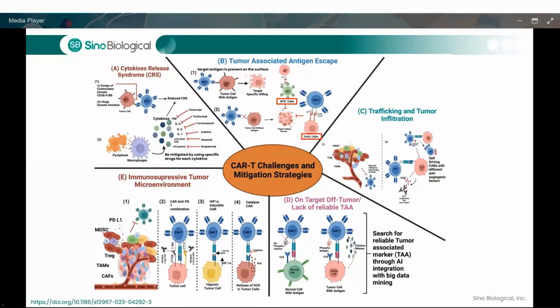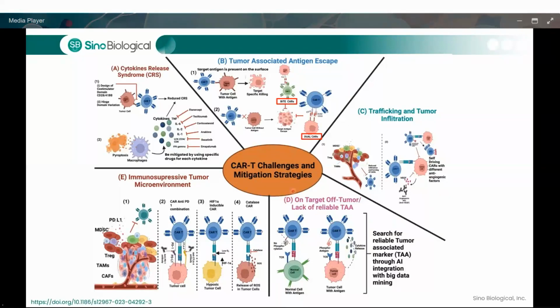Reduced homing of CAR T cells to the tumor microenvironment, due to the presence of different cellular components including MDSC or Treg cells, can be observed in the clinic. To improve homing of the CAR T cells to the tumor microenvironment, we can consider using armored, anti-angiogenic CARs, as well as self-driving CARs, which express multiple anti-angiogenic factors.